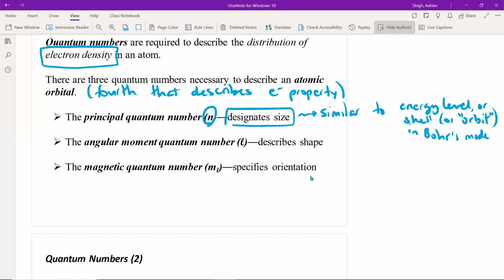Okay, so it's not the same thing because we've dispensed with the term orbit. We're going to be using orbital from now on, but the principal quantum number n is the same n that we talked about previously.